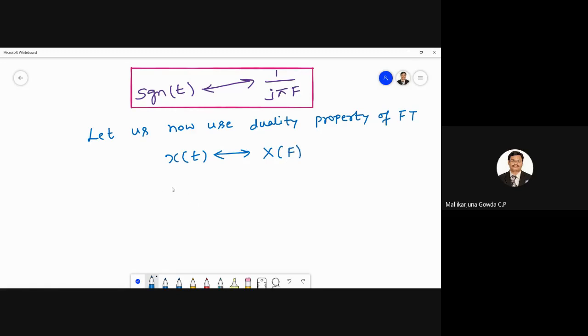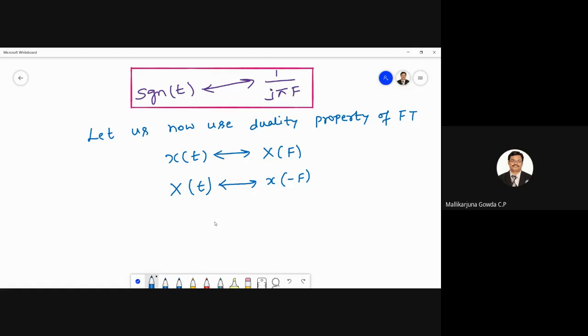So if I write capital X of t, based on the duality property, I can write small x of capital F. So this is the duality property we say.